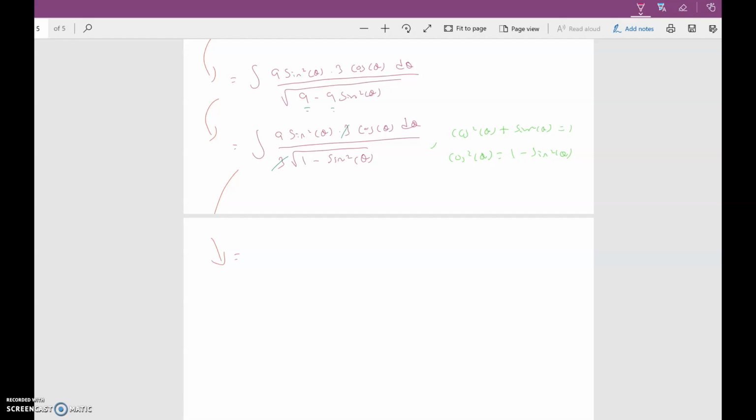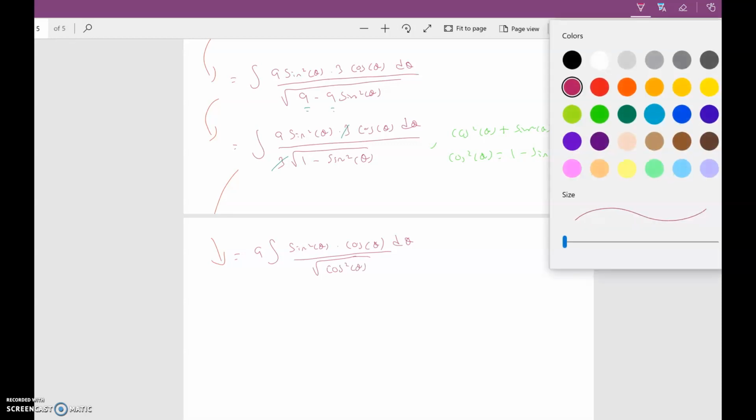So this is equivalent to 9 integral, and on the top, we have sine squared of theta times cosine of theta, no square though, d theta over the square root of cosine squared of theta.